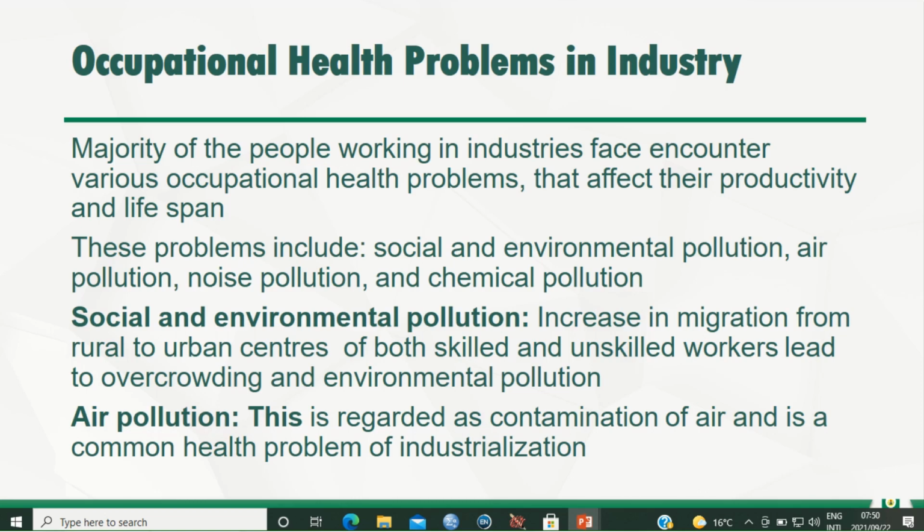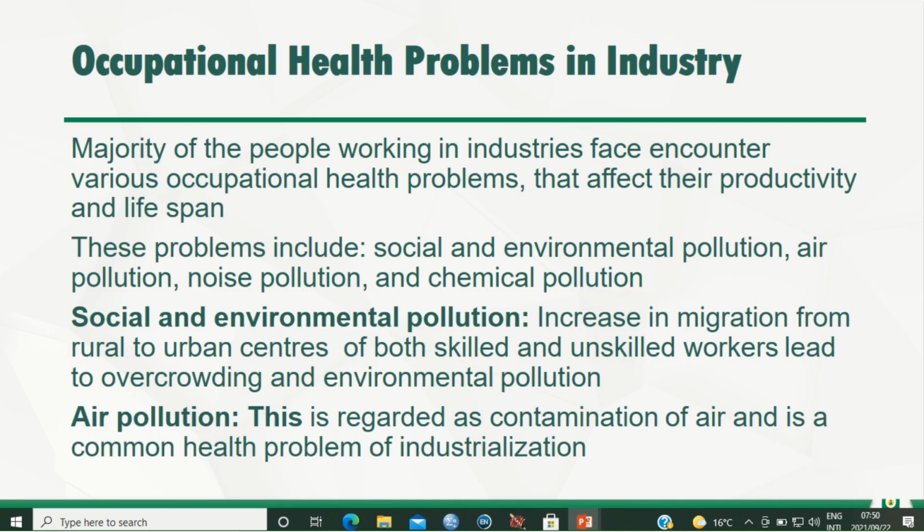What do we mean by social and environmental pollution? It simply means increase in migration from rural to urban centers of both skilled and unskilled workers, which leads to overcrowding and environmental pollution. As we all know, the majority of companies and industries are largely located in the urban center, and as a result, many people migrate from the rural settlement to the urban center.